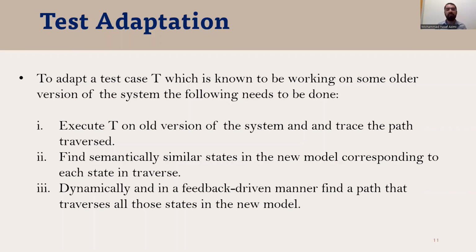Once we know the path that is traversed by that test case, we find semantically similar states corresponding to each state in the new model. We find a path that traverses those corresponding states in the new system dynamically and in a feedback-driven way. We say dynamically and in a feedback-driven way because we execute the commands on the smart TV itself. Check if you're at the expected state or not, and decide based on that.